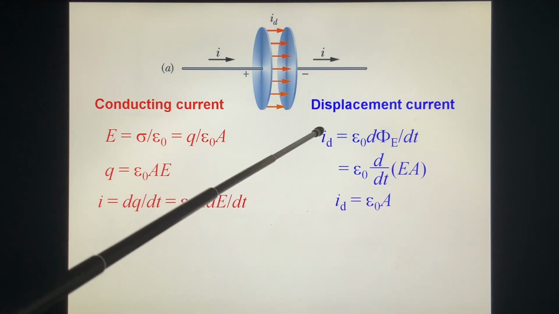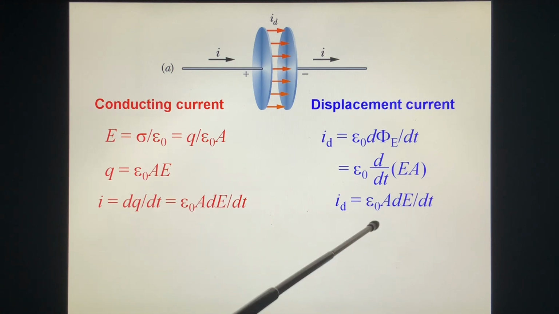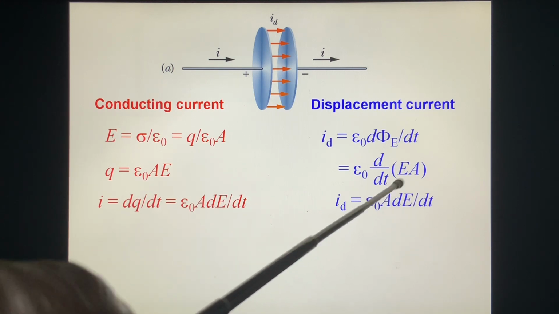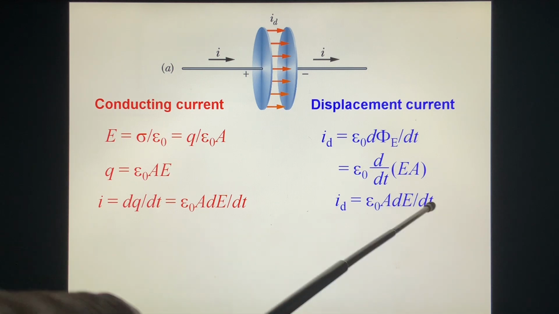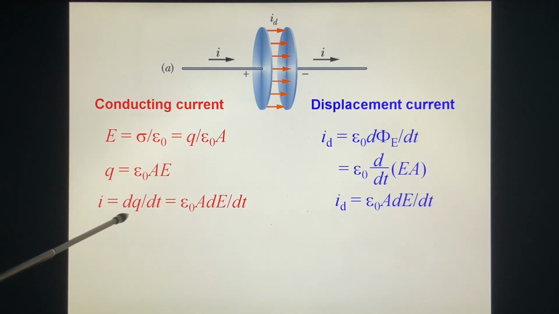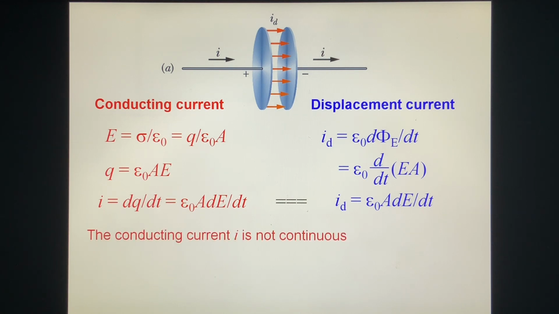So I D equals epsilon 0 A dE dt. We compare to the conducting current, I equals epsilon 0 A dE dt. They are exactly the same. The conducting current I is not continuous across the capacitor gap.